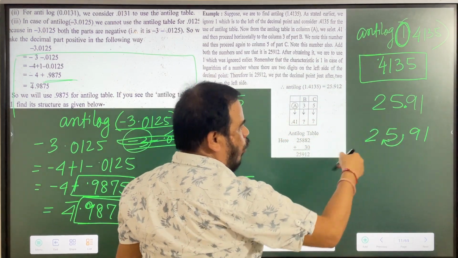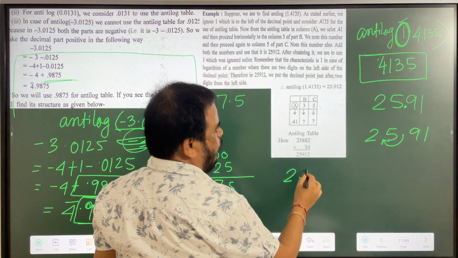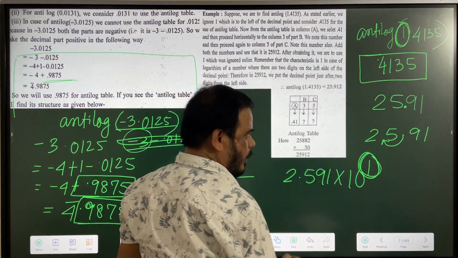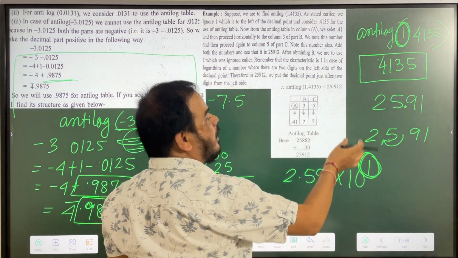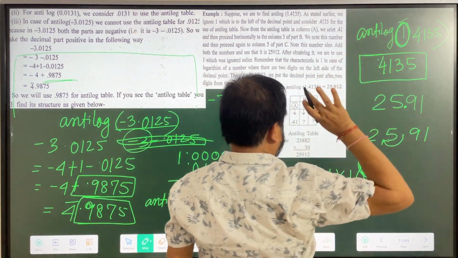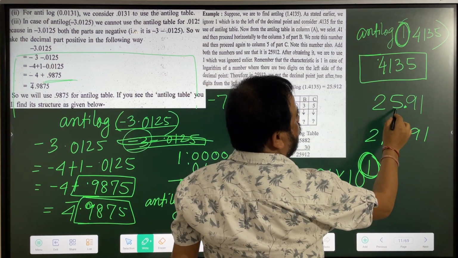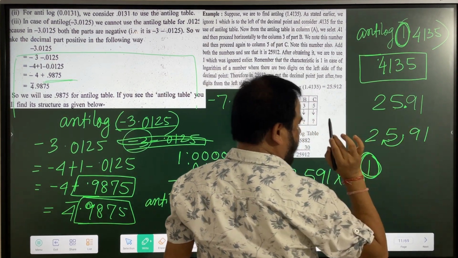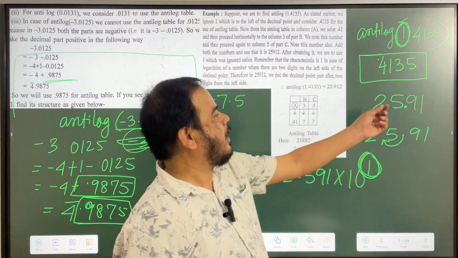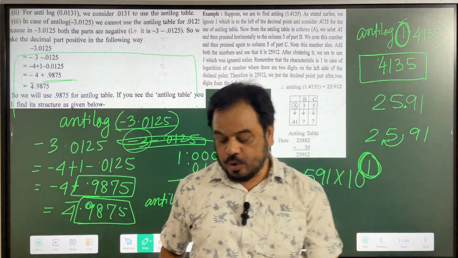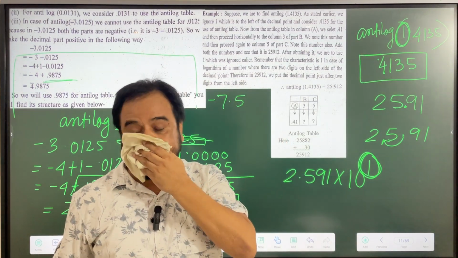If we go back, then you will have 2.591 into 10 to the power 1. So 1 will be the characteristic. So where will be the decimal? That depends on the characteristic. If it is 2, then 1, 2, 3, after 3 digits we will put the decimal. So the decimal depends on the characteristic. I will show you one more example, then you will understand.